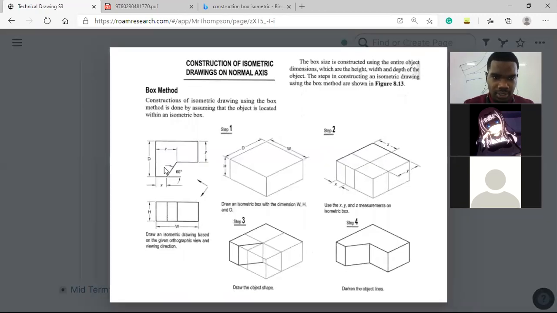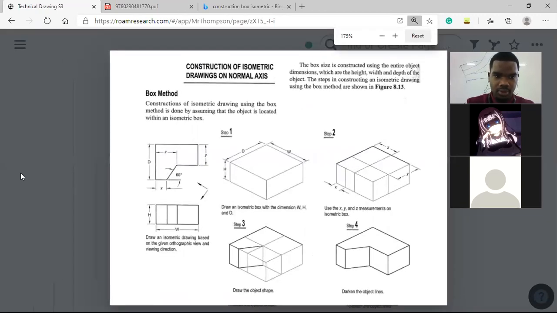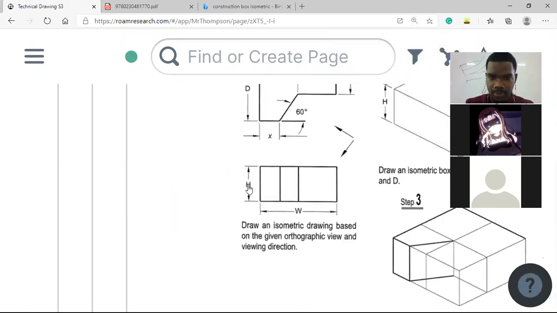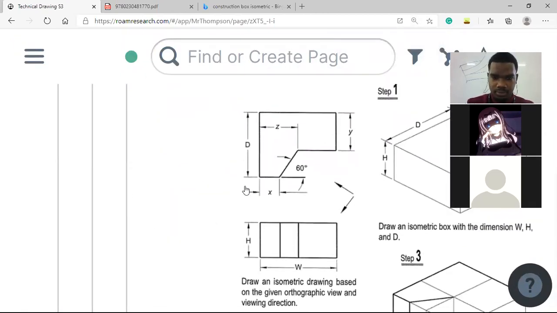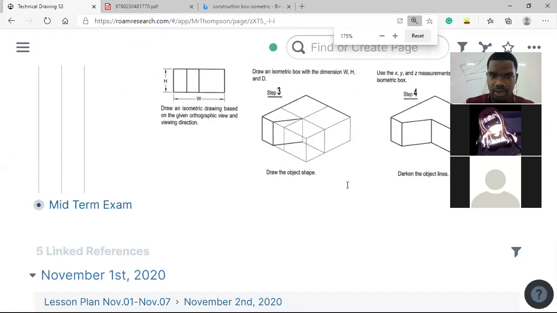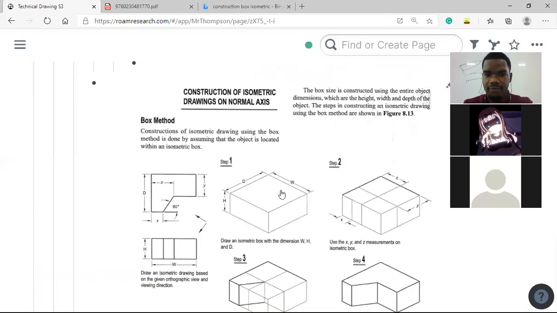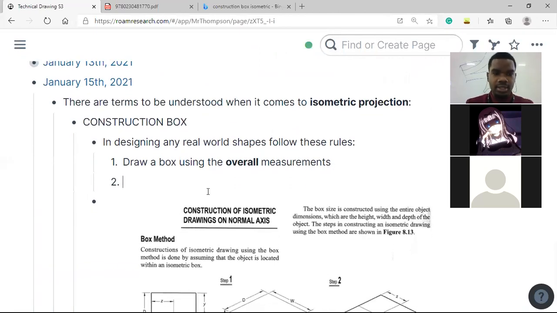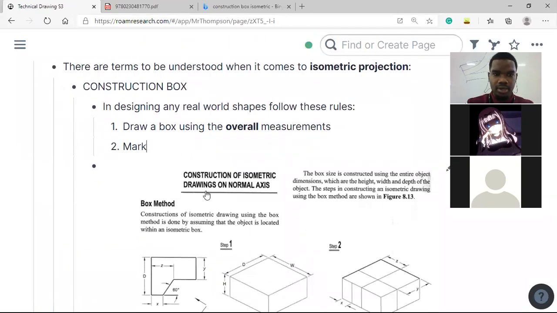Let me zoom in. All right, here we go. So when we have those overall measurements, then the next step is going to be mark where lines meet.